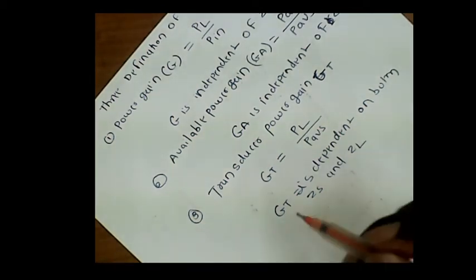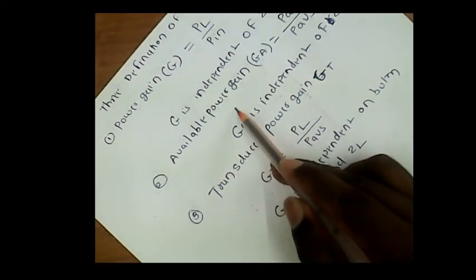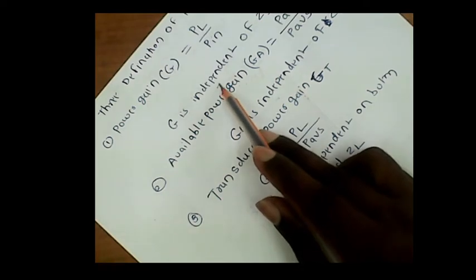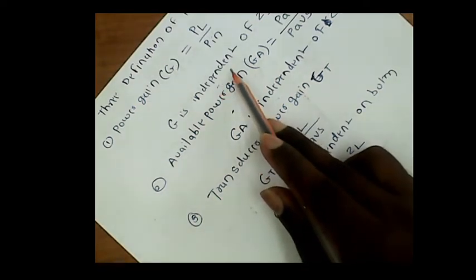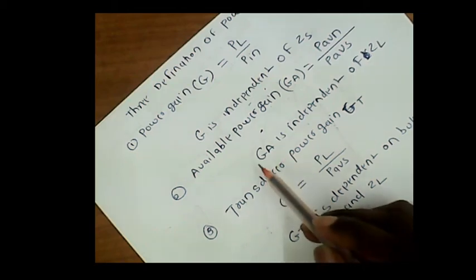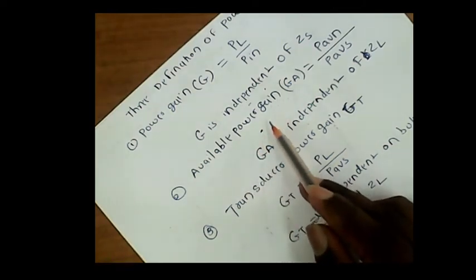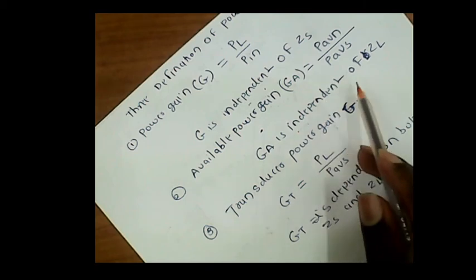So whenever we deal with the power gain, if we calculate the effect of load resistance, then we use the gain that is independent of the source resistance. If we calculate the effect of source resistance, then we use the available power gain, because it is independent of the load resistance.